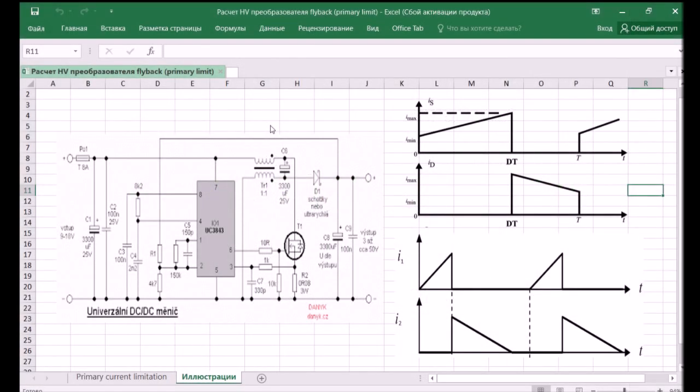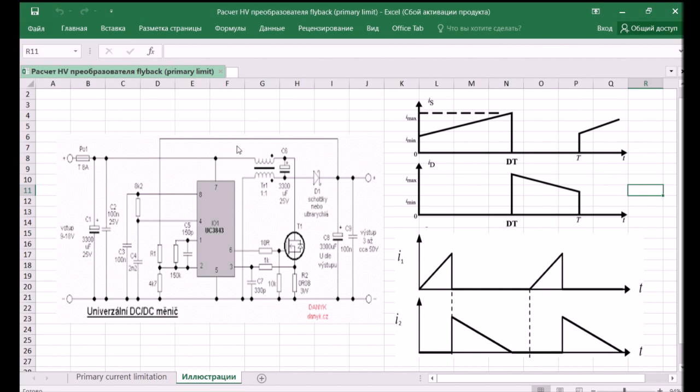At first, I'll say a few words about how these converters work. I found a simple scheme on the internet where it seems all the necessary elements are present. The UC chip controls the power switch using a sequence of rectangular pulses, the duration and the fill factor of which are set by this resistor and this capacitor.